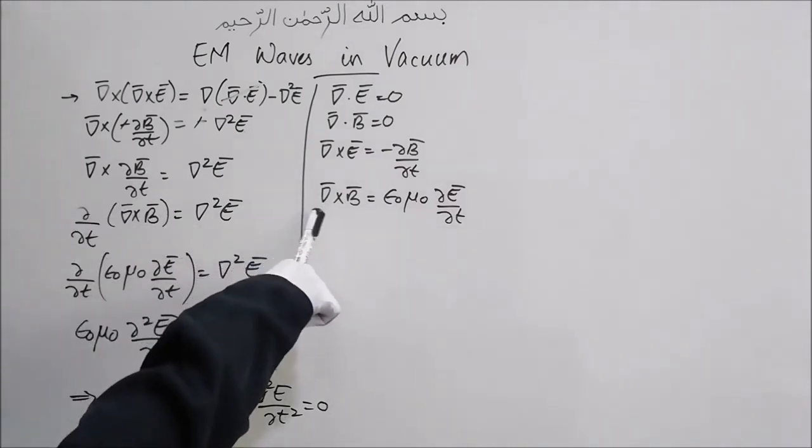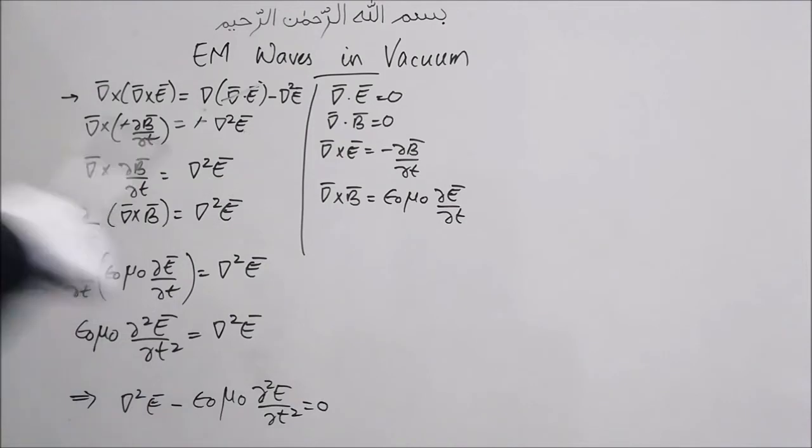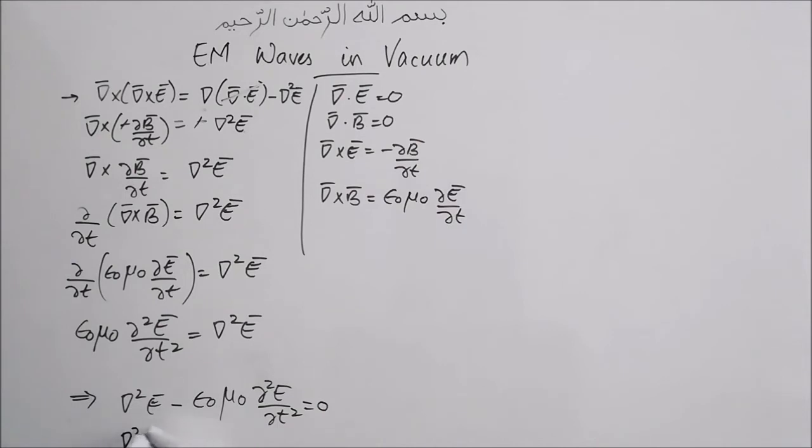Similarly, take the curl of the fourth equation, del cross B, and we will get the wave equation for the magnetic field, which will be del squared B bar minus epsilon naught mu naught del squared B by del t squared is equal to 0.